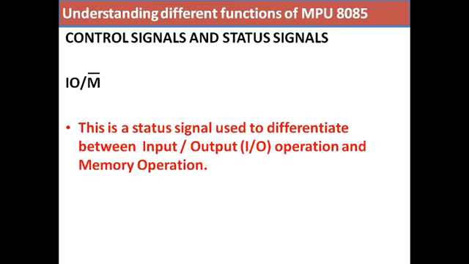Well, IO/M-bar is a status terminal which is used to differentiate between the operations the microprocessor is currently in. When the microprocessor is communicating with memory, the IO/M-bar terminal will be low, and if it is communicating with the input output device, the terminal will be high.